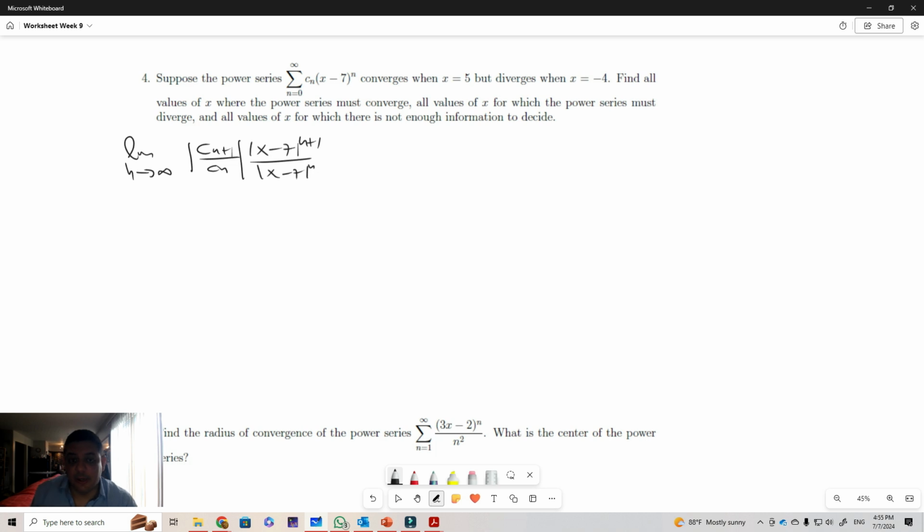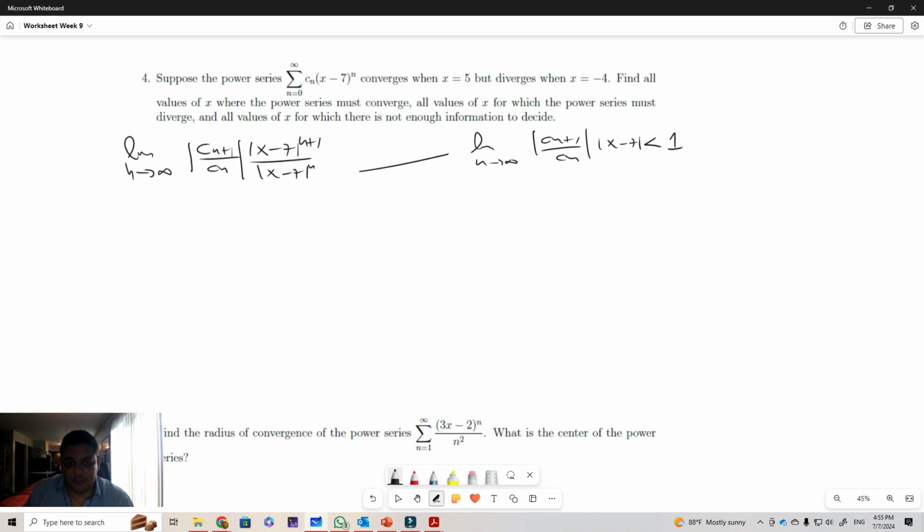This is the regular ratio rule. And so for this to converge, we need that the limit when n goes to infinity of that ratio times the absolute value of x minus 7 must be less than 1.